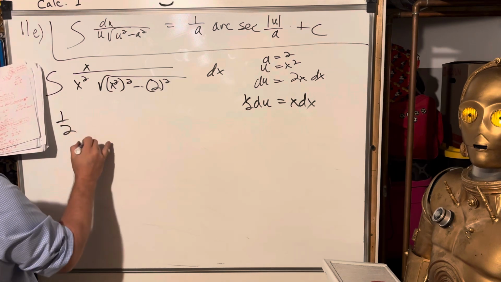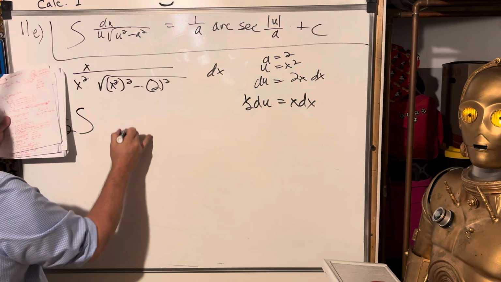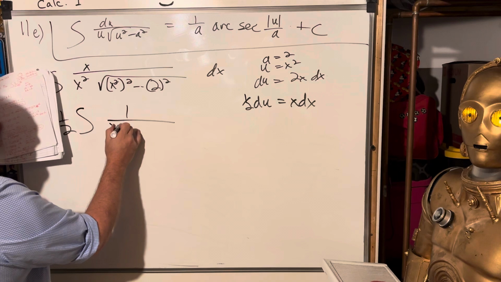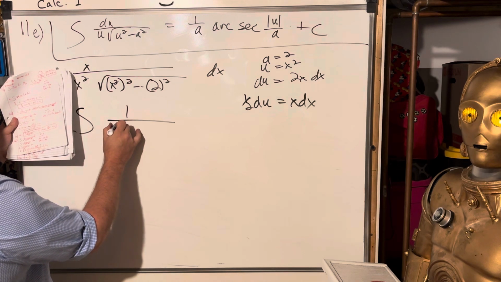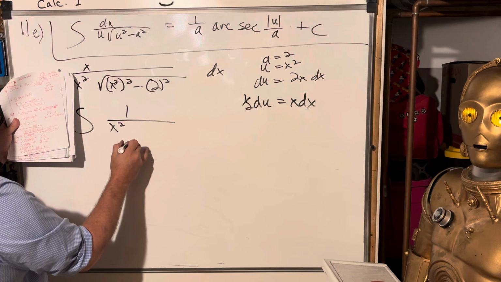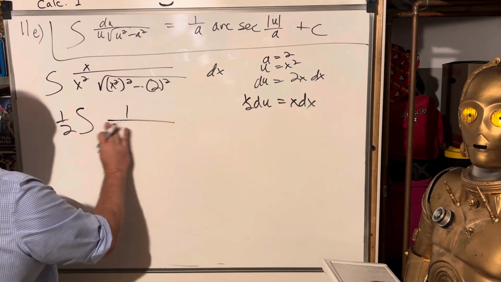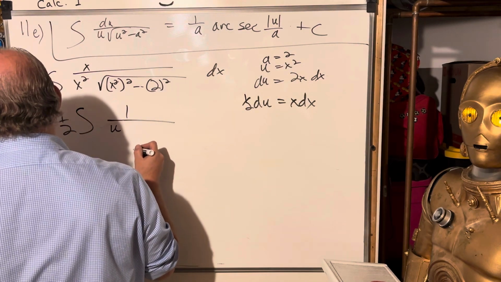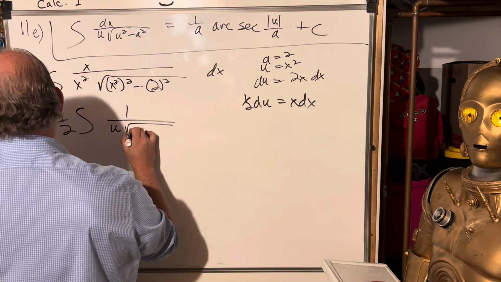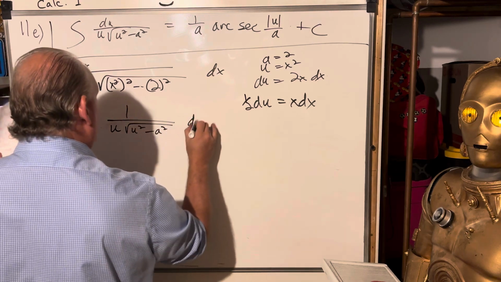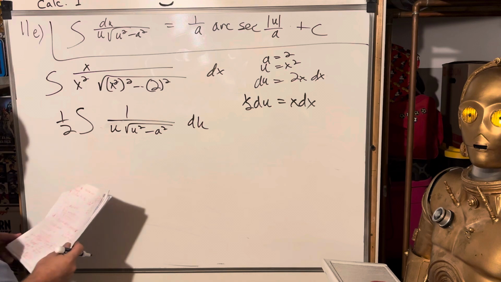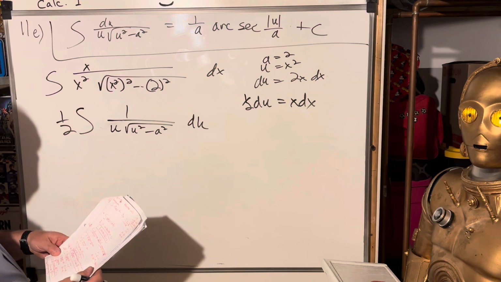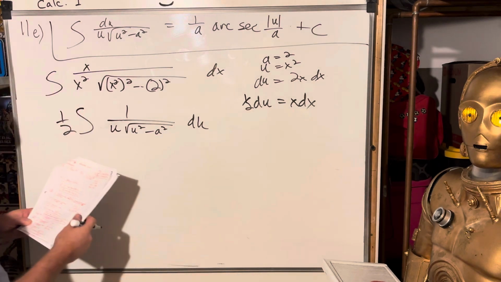So I got 1/2 times integral 1 over x squared. Hold on. I got it ready to go, right? Let's go. This is just u. And then the square root of u squared minus a squared du. Righto. So then integrate that.